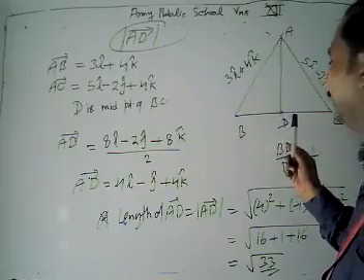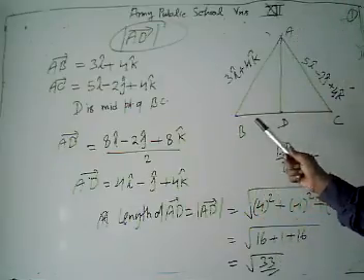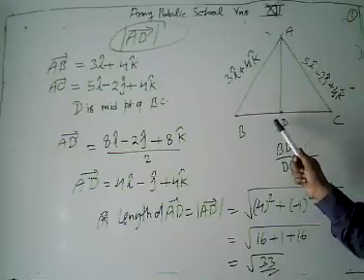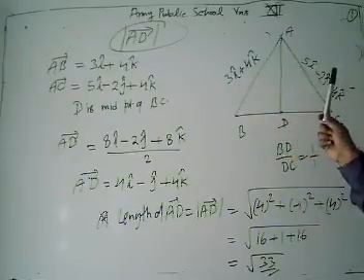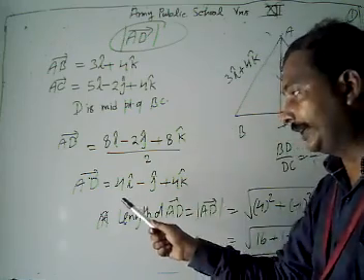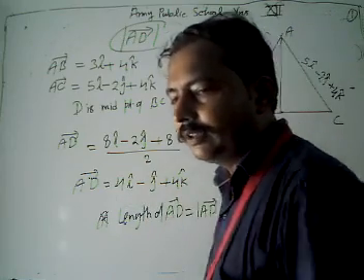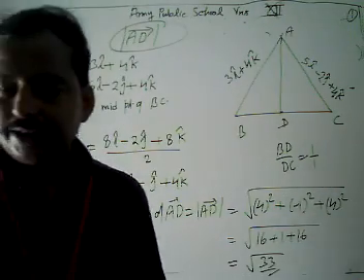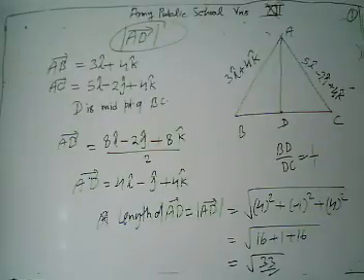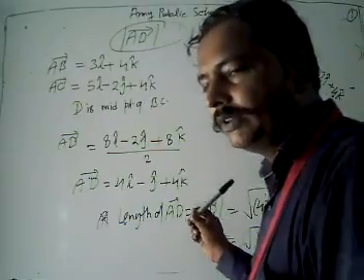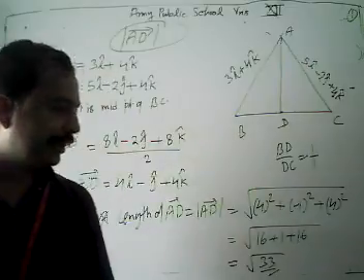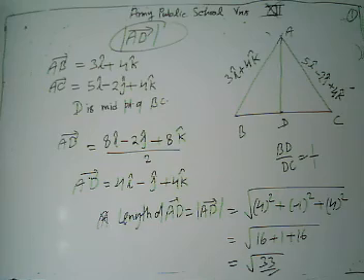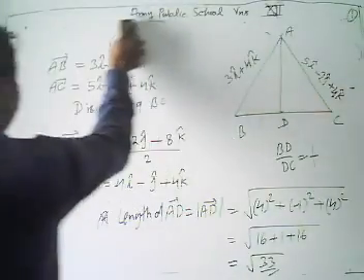Since D is the midpoint of the position vectors B and C, we find vector AD as half of vector A plus B. Then to find the length, we need the magnitude, so we find the modulus of AD. The length of the given median is the square root of 33, our required answer. Now, again, let's take the next problem.